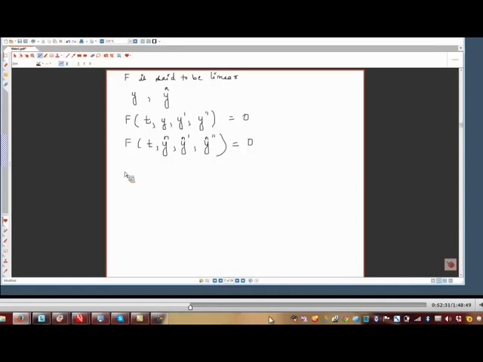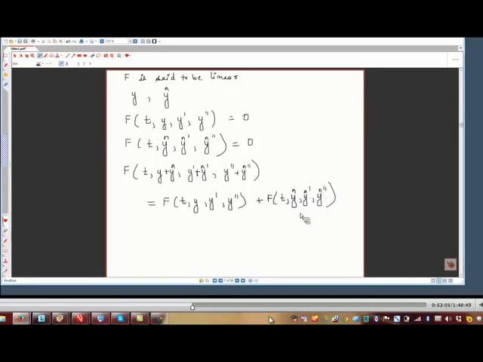So linearity says if I add them both, what will happen if they behave like this? That means they are satisfying the differential equation. This is satisfying the differential equation, this is 0.